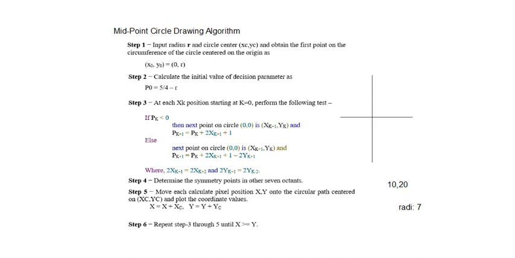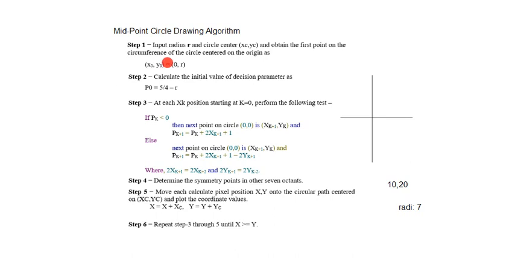This algorithm is taking (0, r). This is our first point of the circle. We haven't considered this (xc, yc) yet, we haven't considered the actual center yet. We are talking about the origin.